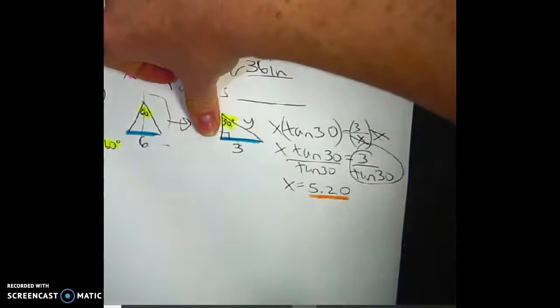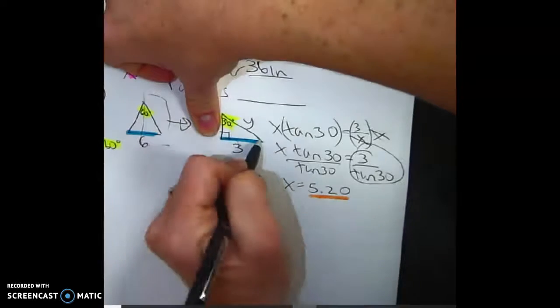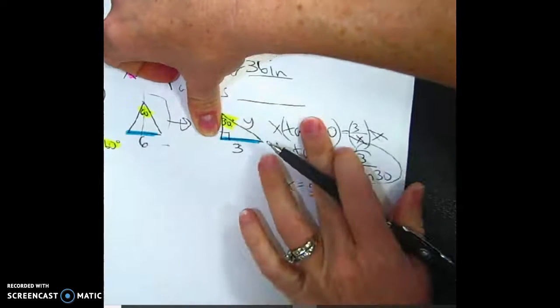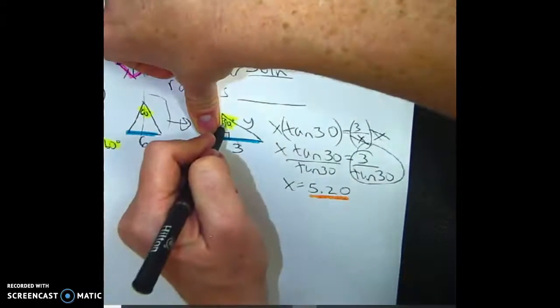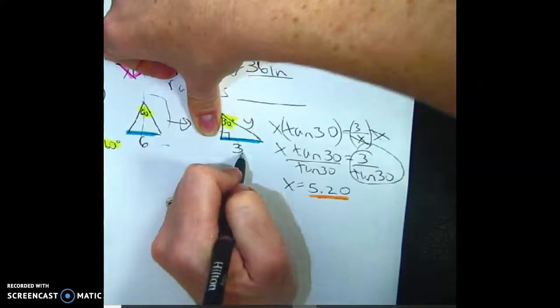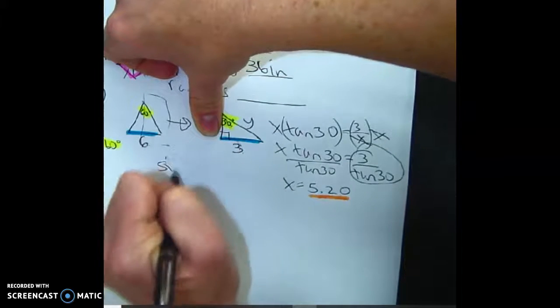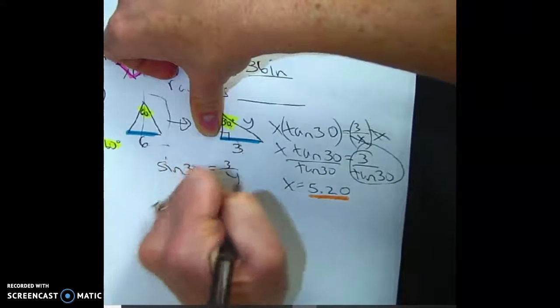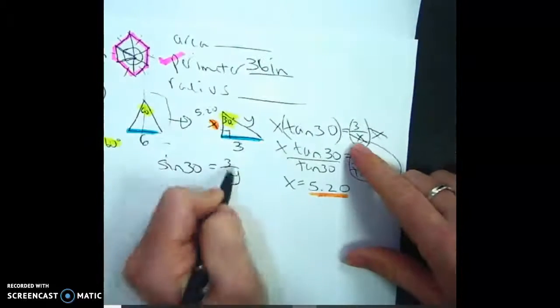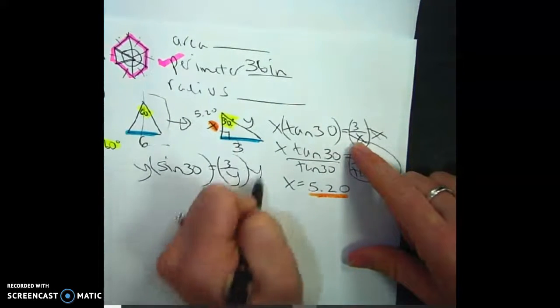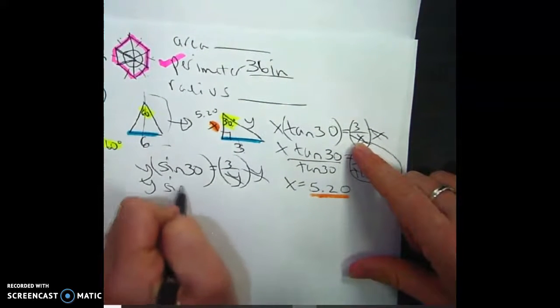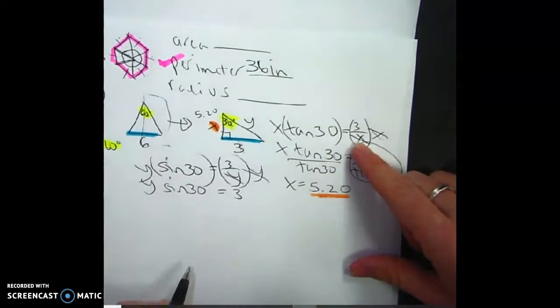Okay? Now that I found x, I'm going to find y. So I'm going to cover up my x. So this is long side. Long side means tan's out. It's either sine or cosine. Since it's across, it's opposite, so it's going to be sine. So sine of 30 equals 3 over y. And I solve it the same way. Multiply both sides by y. y sine 30 equals 3.